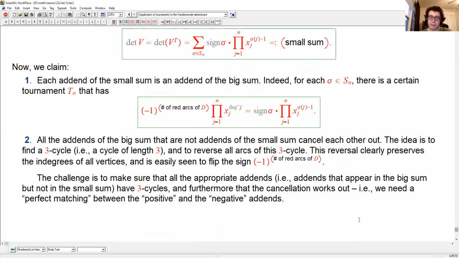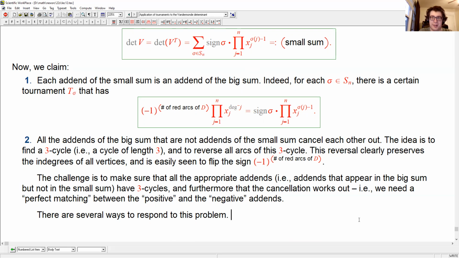So there are several ways to respond to this problem. And the one I'm doing in the notes is going back to Ira Gessel. The whole proof is actually due to Ira Gessel in the, I think, in the 80s or the 70s.